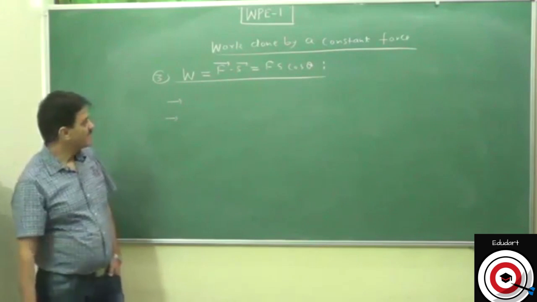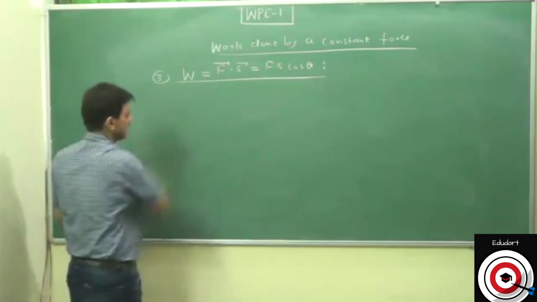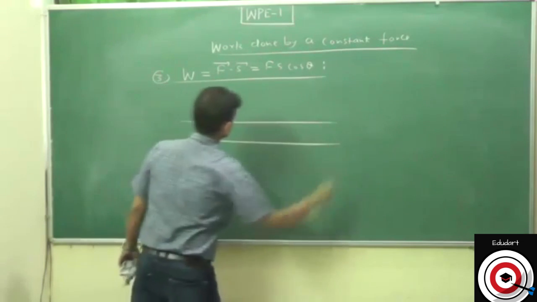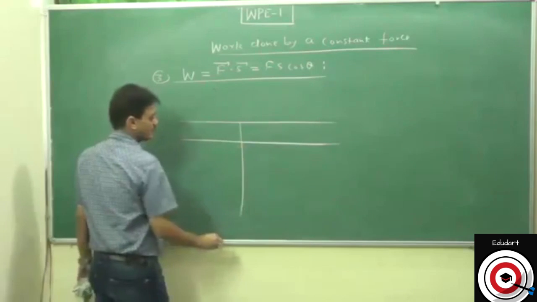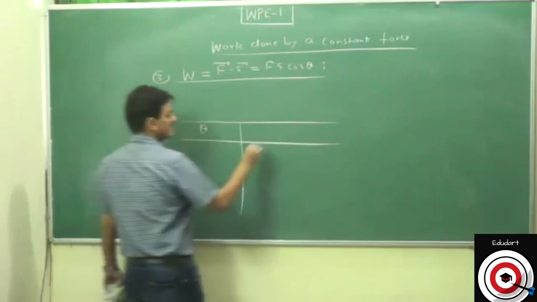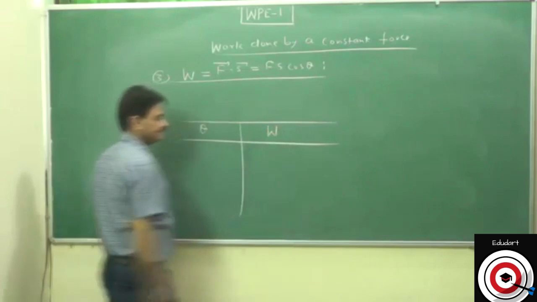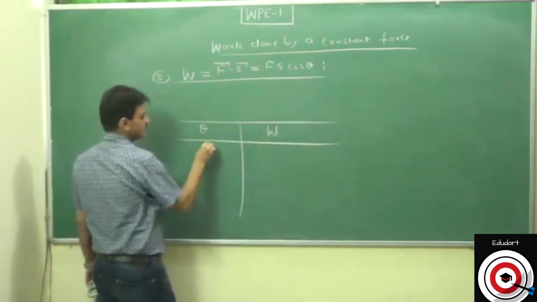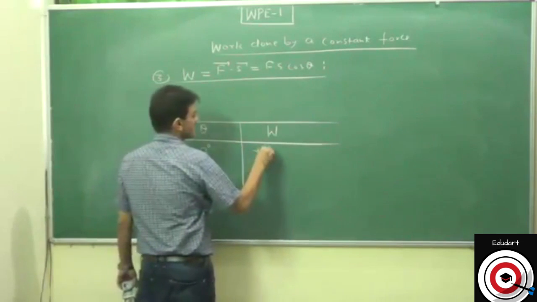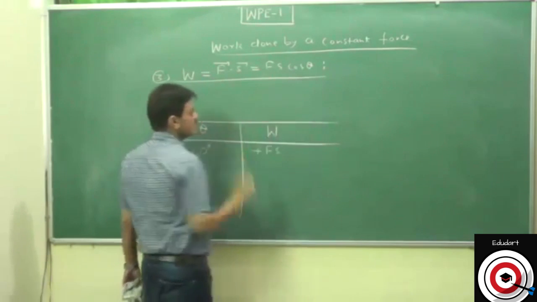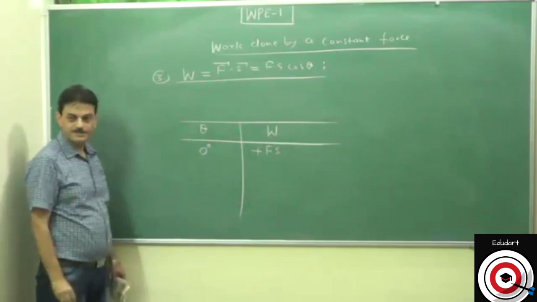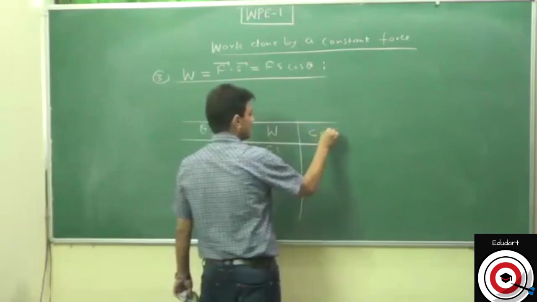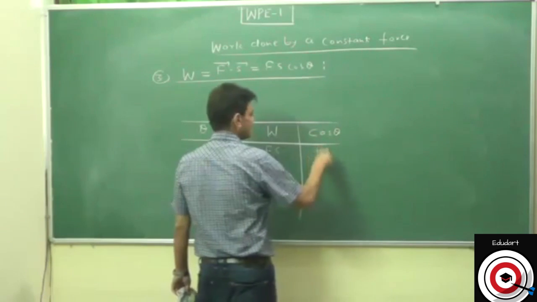Okay. So I am writing different work done at different angles. You can note down, make a table. Here you can write theta, here you can write work. If theta is 0 degree, then work done is plus Fs, because cos 0 is 1.